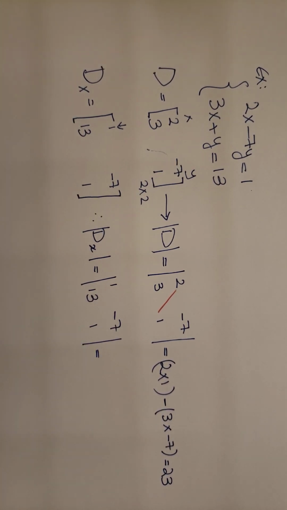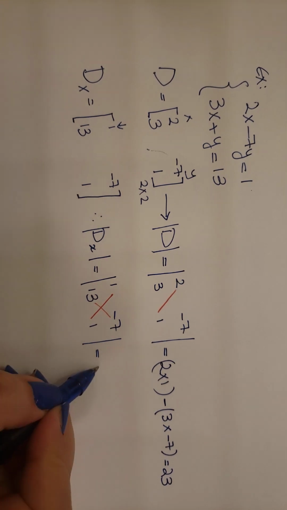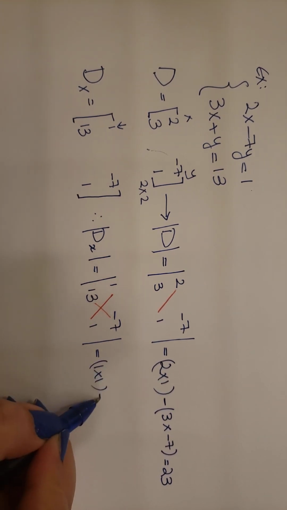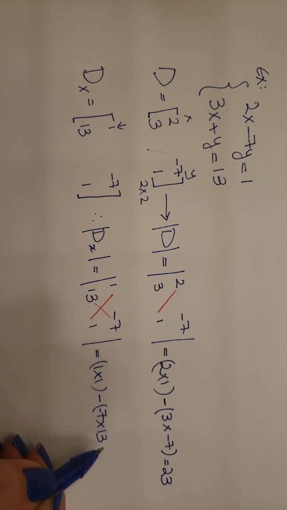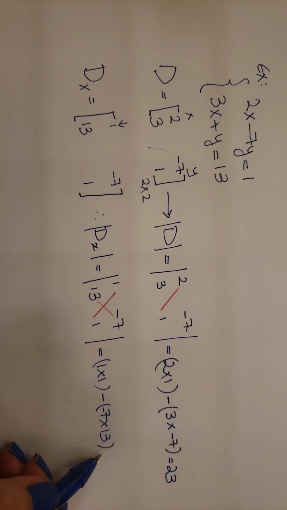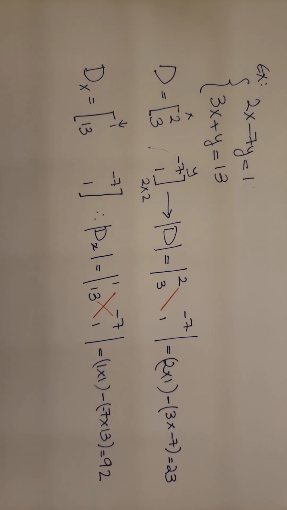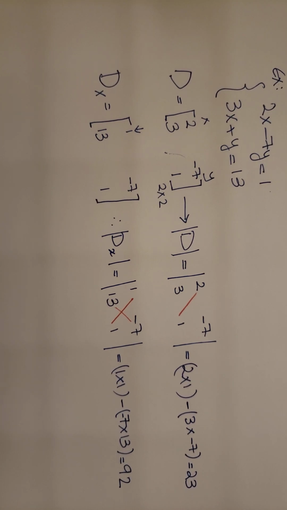And then now I can find the value of this determinant, which is 1 times 1 minus -7 times 13. So dx would be 92.